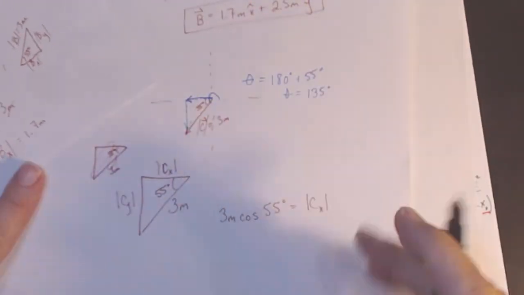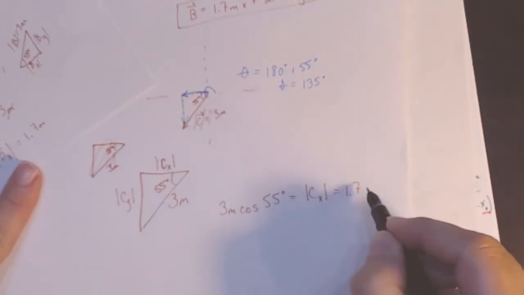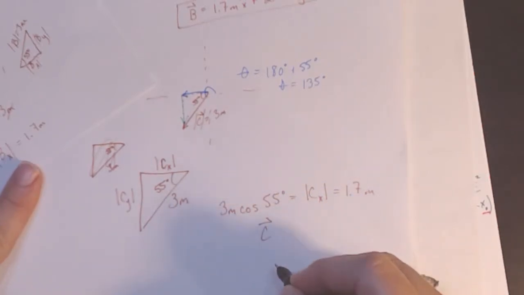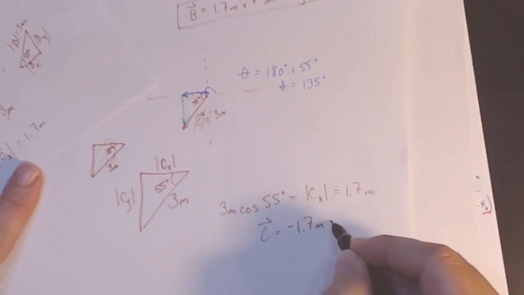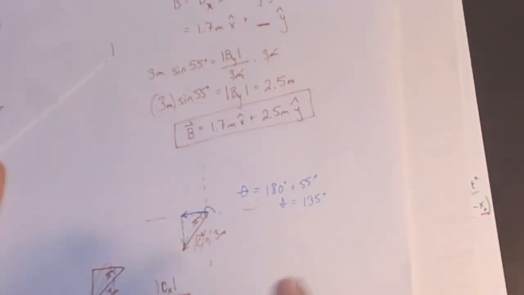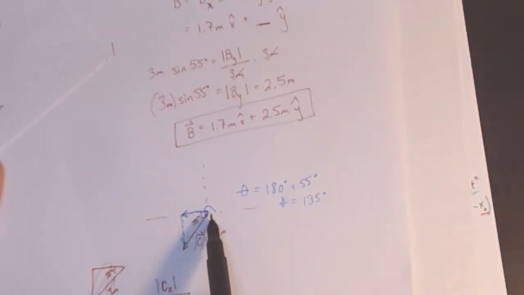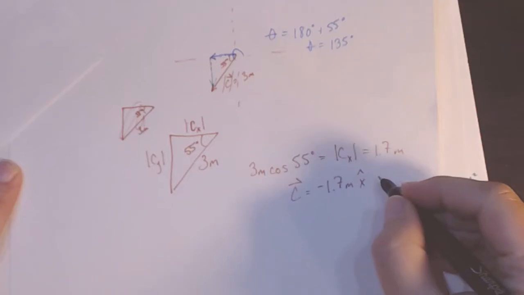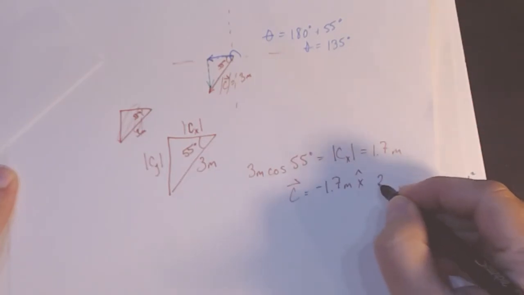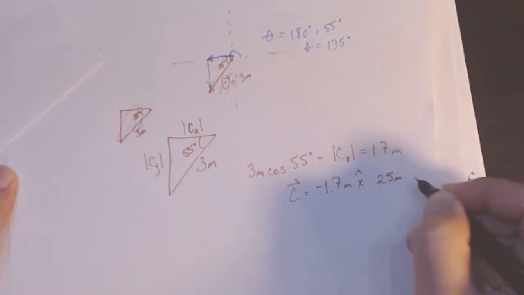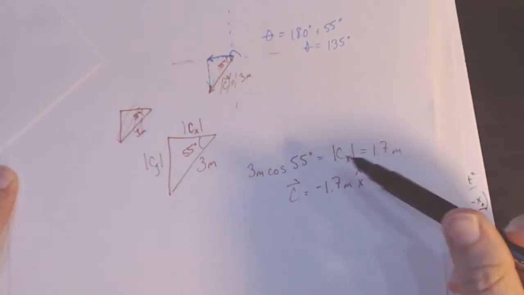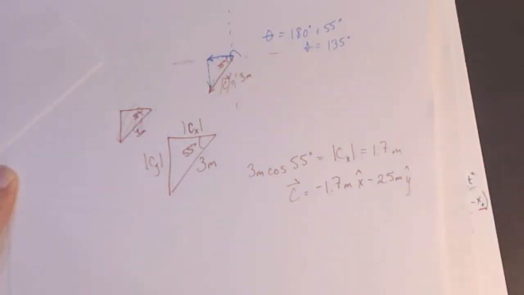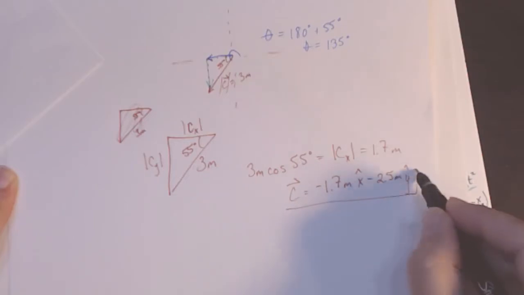And if I'm just thinking of the length of it, it will still be positive. But now when I write my vector C, it's going to be in the negative x hat direction. So I need to put that negative back in, because I know that when I moved in that direction, I went in the negative direction. And then I'll have the same value for my y as well in terms of its length, 2.5 meters. And again, I moved in the negative direction. So that's going to be negative y hat. And there's my vector C.